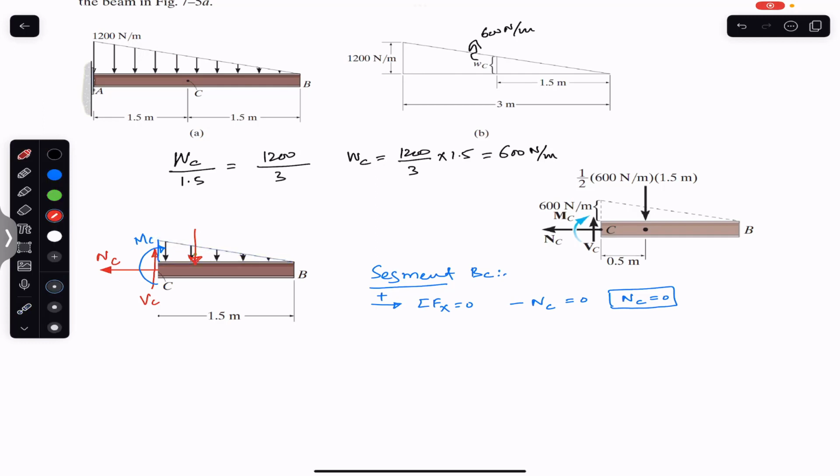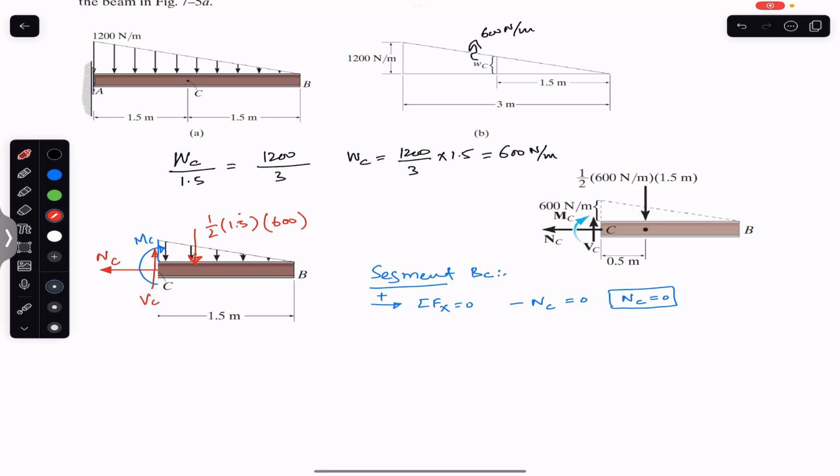So the area will be 1/2 times the base, which is 1.5, times the height of this triangle. The height of this triangle is WC, which is 600 Newton per meter. So we will multiply this with 600 Newton per meter.